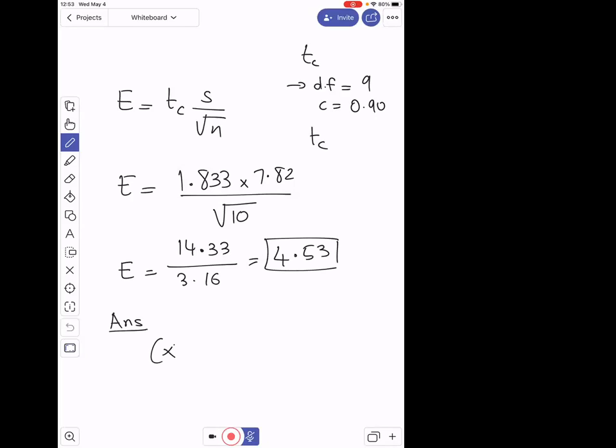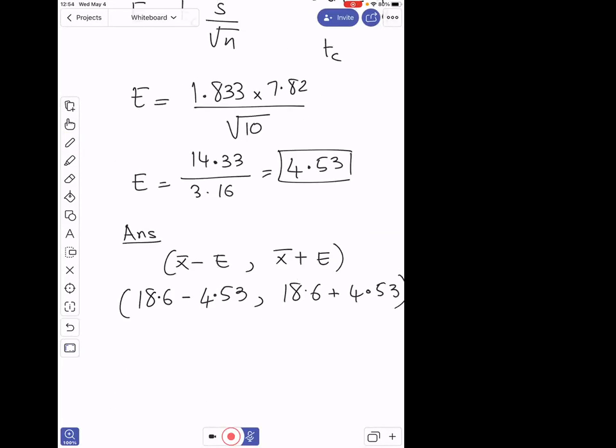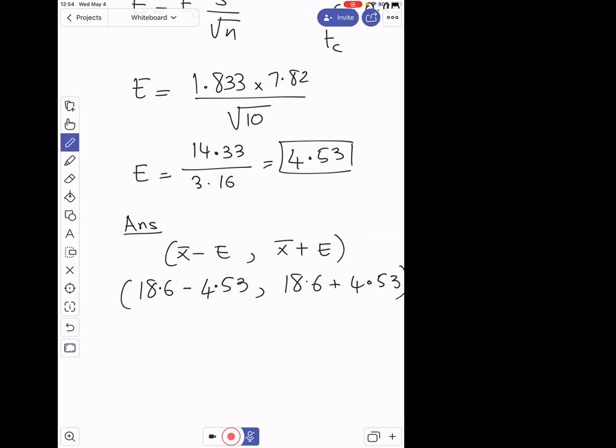So x bar minus E, x bar plus E. We computed x bar in the first part, and I think it's 18.6. So 18.6 minus E, 4.53, and 18.6 plus 4.53. Sorry, this is minus, so that's 14.07.